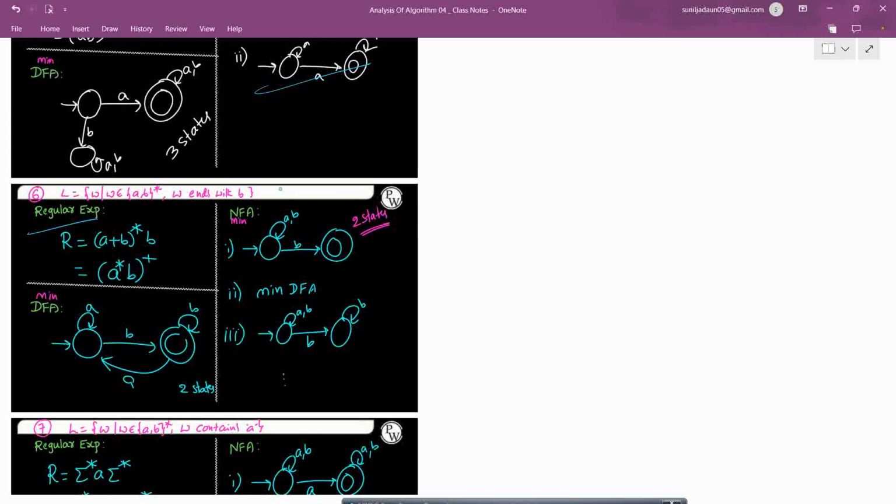So this is regular expression ends with B, right? Ends with B. So how we do the DFA thing is A B. If it goes again A, but in case of what? And if this is A, if this is B, this is B, right?